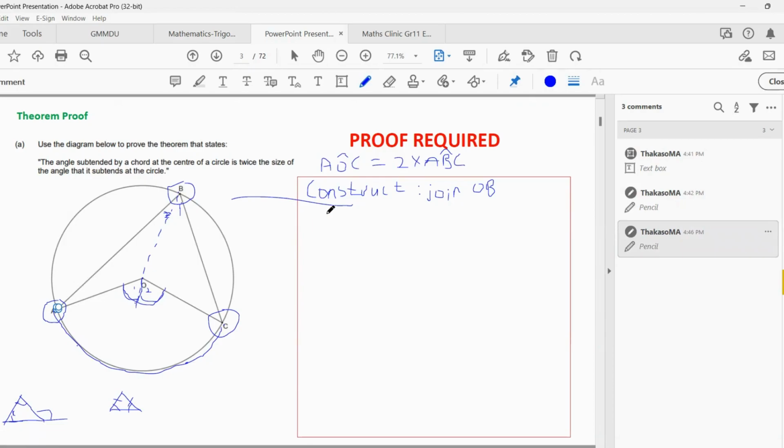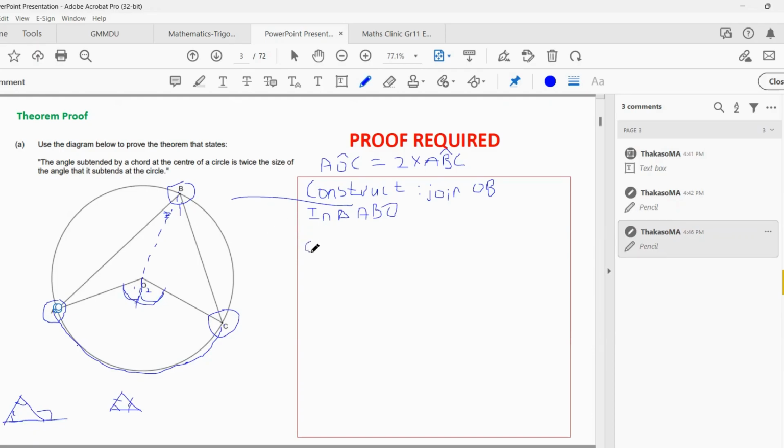All right, so let's focus on one triangle first. In triangle ABO, what do we notice? There's an exterior angle O1.